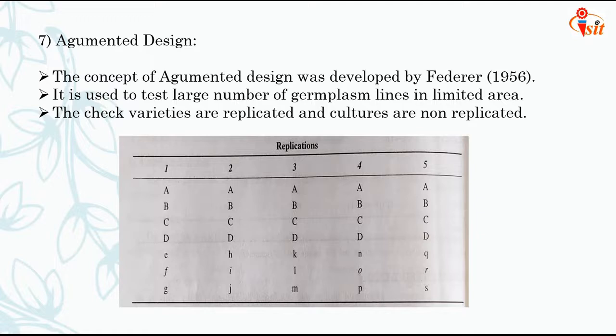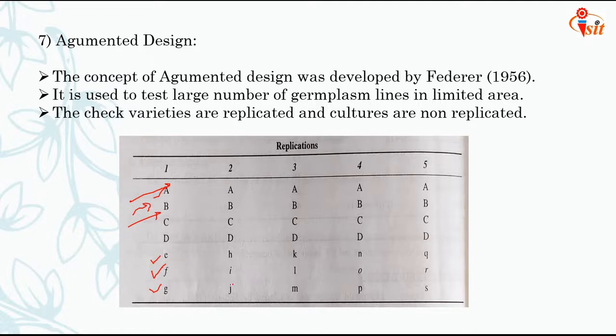Here only the checks are replicated, and the cultures are not replicated. The capital letters shown here are the checks. Only the checks are repeated, A, B, C, D, A, B, C, D, and the germplasm lines are indicated by small letters. So the germplasm lines are not replicated here.